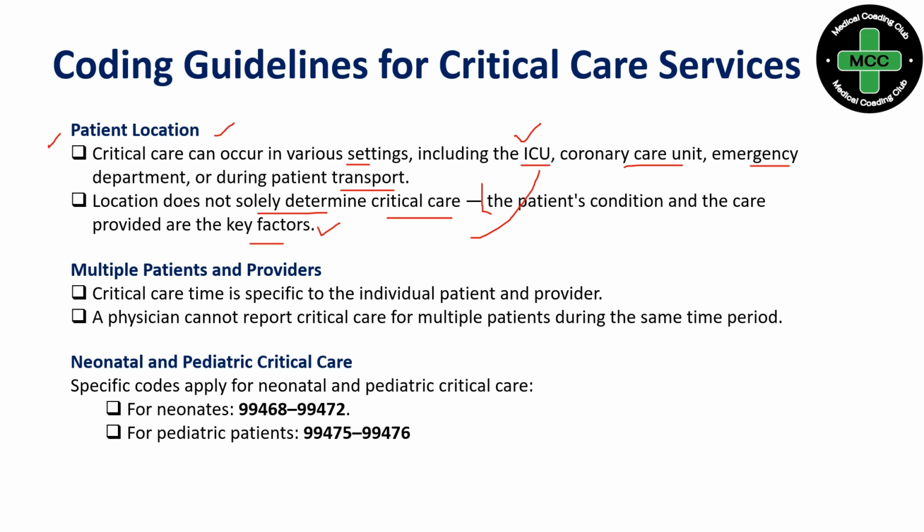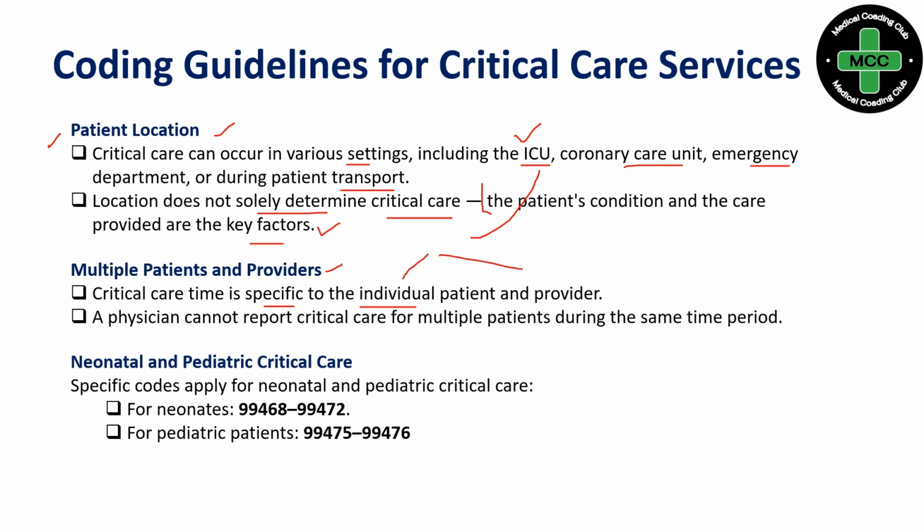The next guideline we have is multiple patients and providers. Critical care time is specific to the individual patient and provider. What they are trying to say here is, as we know, we are coding based on time, so while calculating the total time, we have to check whether this total time is regarding an individual patient and provider.